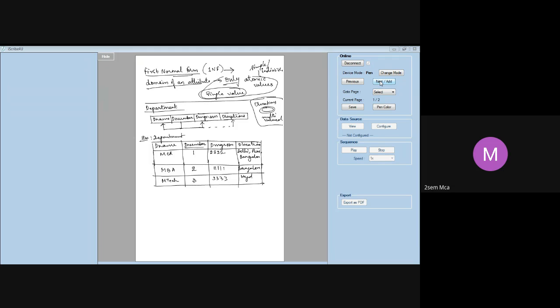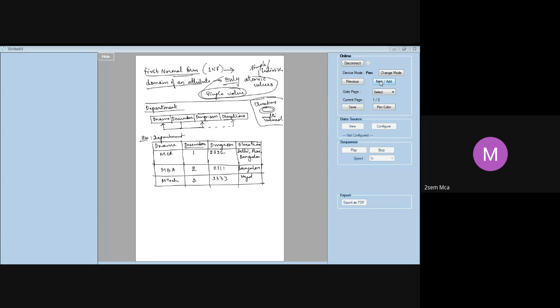If I take some example data for this table department, let me give D name as MCA, 1, D number, MGRSSN 2222, and department location, multiple locations: Delhi, Pune, Bangalore.